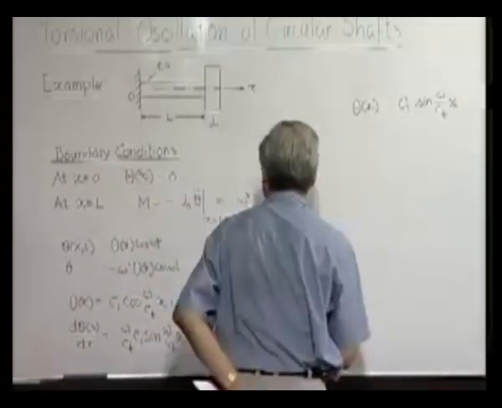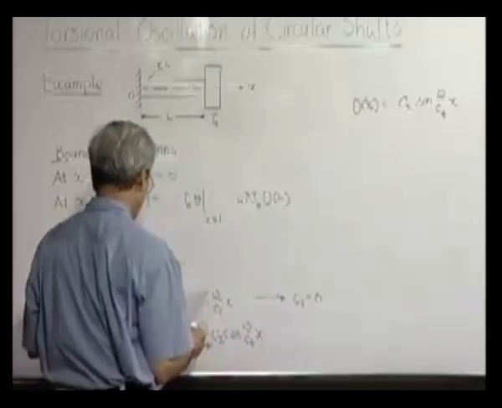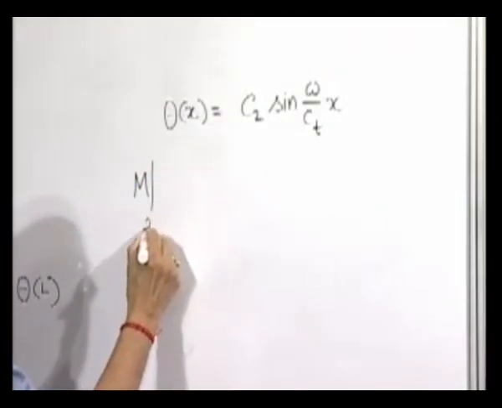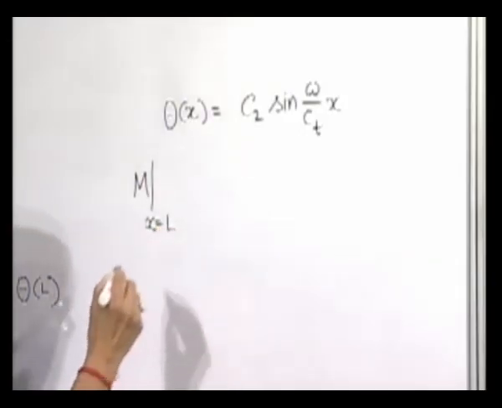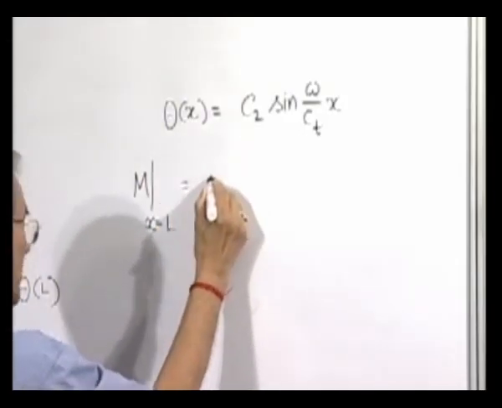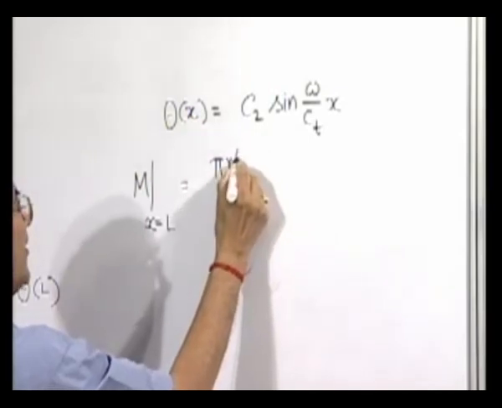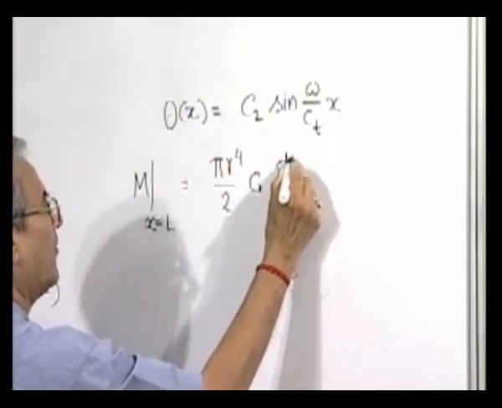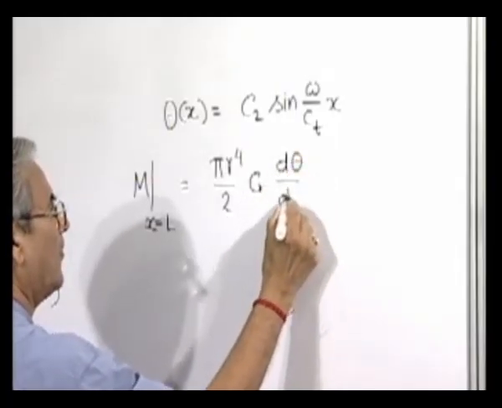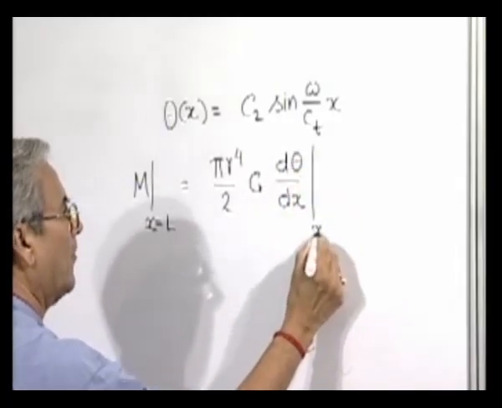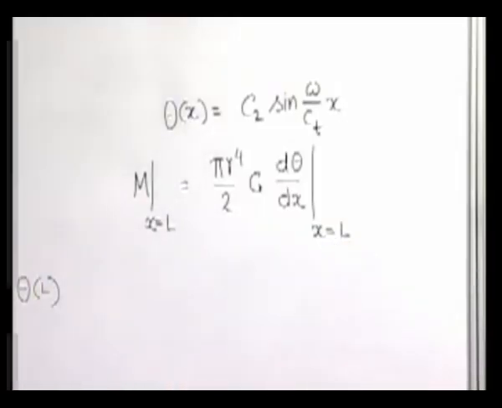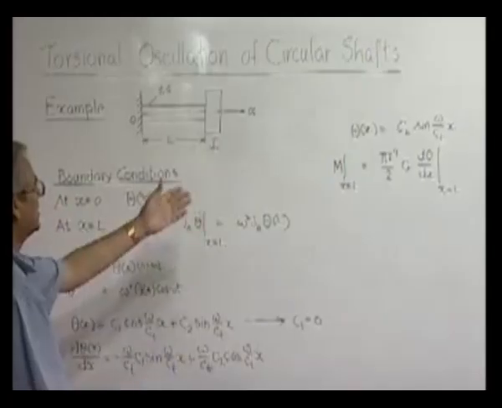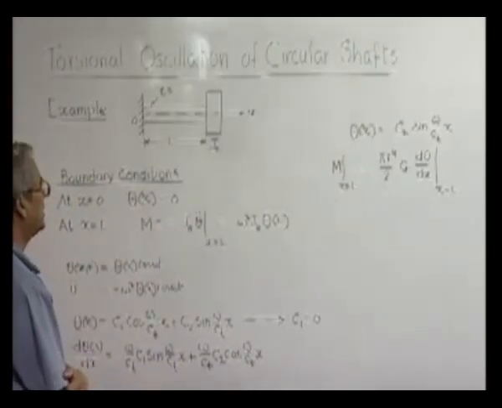Now, let us find out the moment at x equal to L. How do you find out moment? The magnitude of moment at x equal to L will be equal to, we have already seen the expression for moment, which was pi r to the power 4 by 2 G d theta dx.